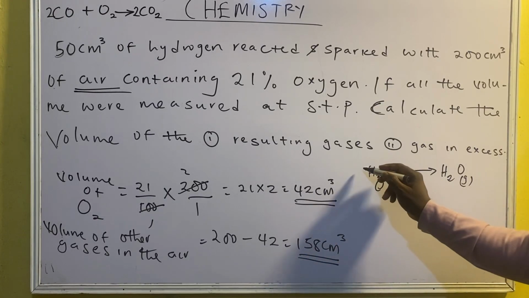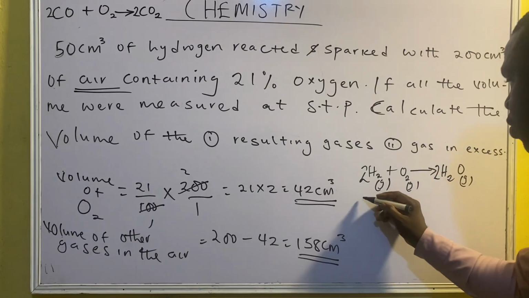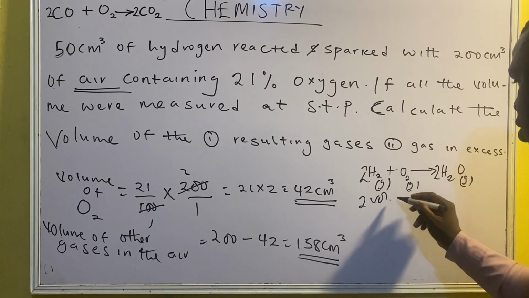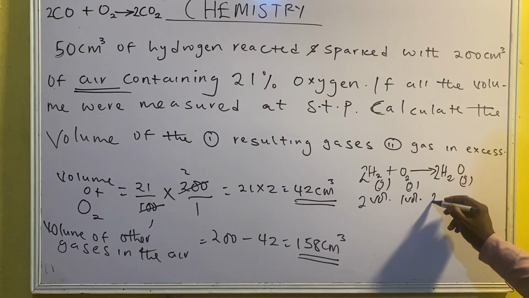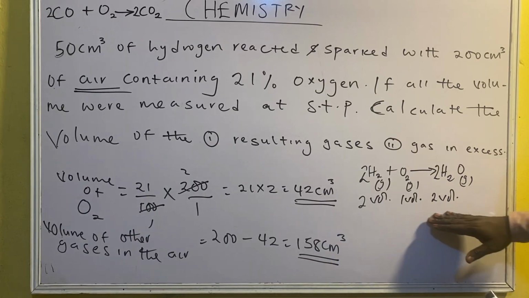We need to balance the equation, so we have 2 here and 2 here. So here is 2 volumes, here is 1 volume, and here is 2 volumes. So this is the volume of reaction.